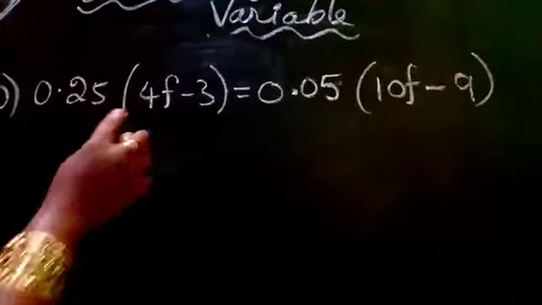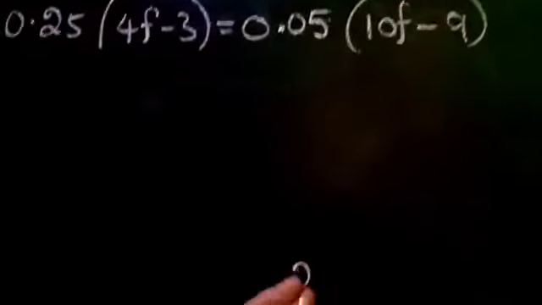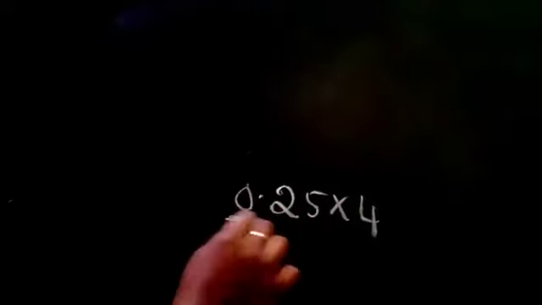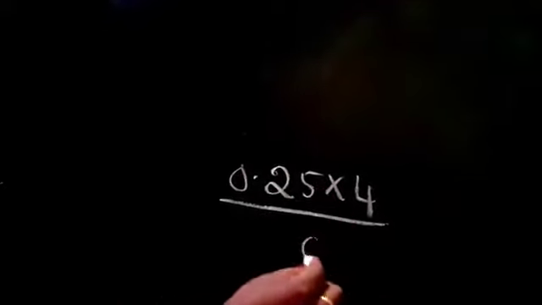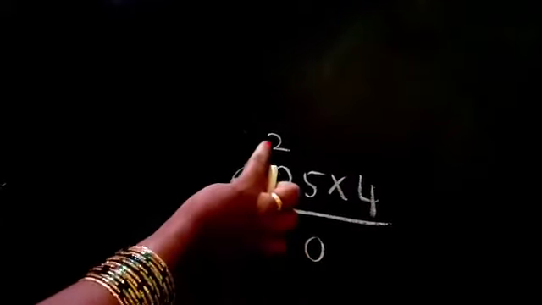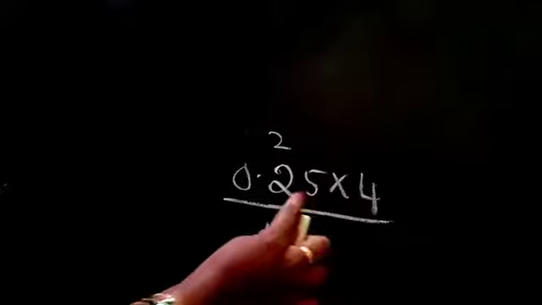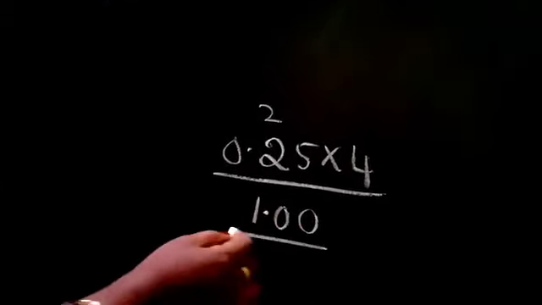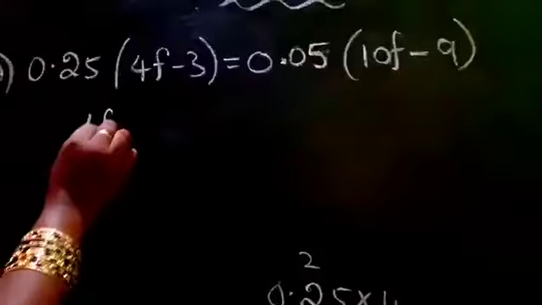0.25 into 4 is: 4 5s are 20, 2 carry, 4 2s are 8, 8 plus 2 is 10. After 2 digits if you keep the point here, it is 1. So 1f.